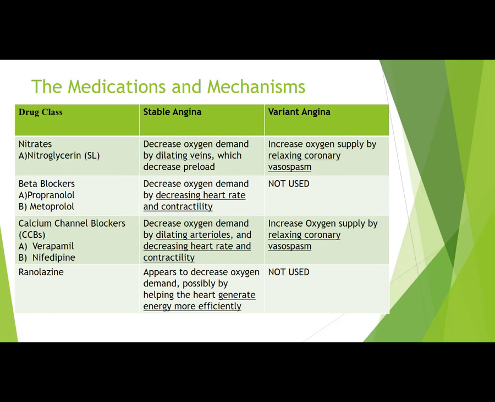Again, going back to the four fundamental things that we talked about in terms of oxygen demand at the beginning: contractility, heart rate, preload, and afterload, correct? Those are the determinants. And here we can see that we decrease oxygen demand by dilating the veins and therefore decreasing preload. Now, nitrates in variant angina increase oxygen supply by relaxing the coronary vasospasm.